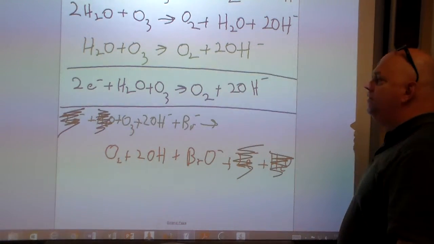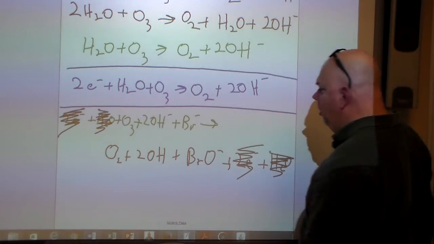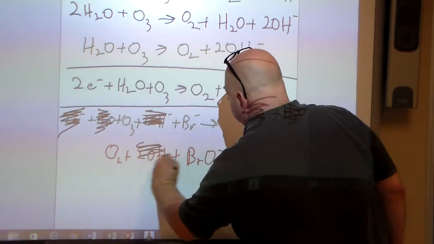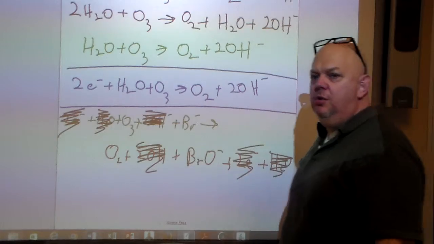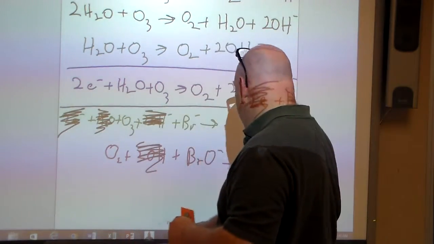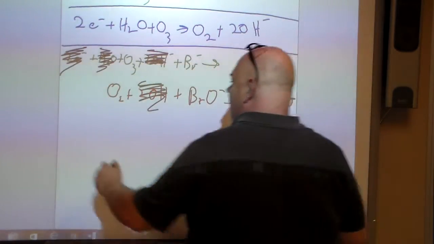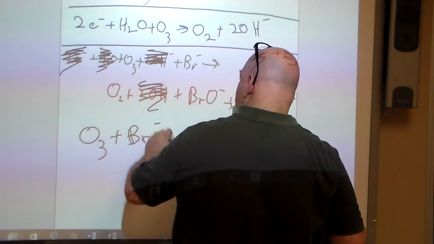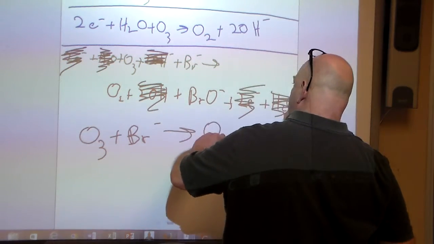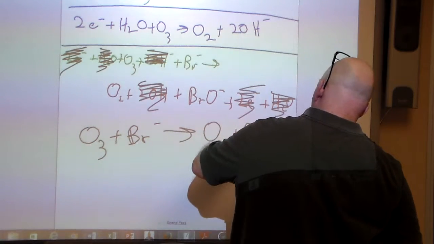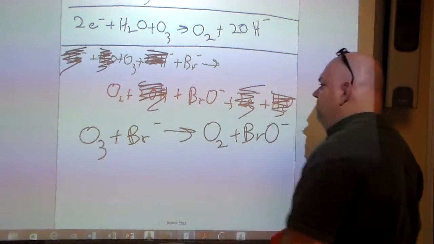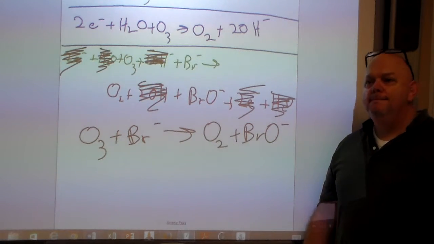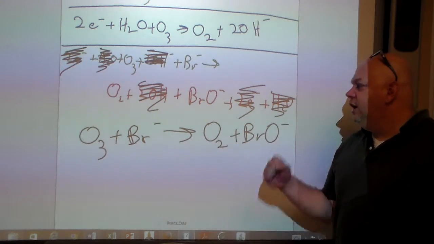All right, now we got 2 OH's. Oh, guess what? They're on opposite sides of the arrow too. Now they cancel each other out. Bam! Now, let's write this out here. O3 plus Br minus gets us O2 plus BrO. Don't tase me, bro. And this is it. This is our final balanced redox equation.